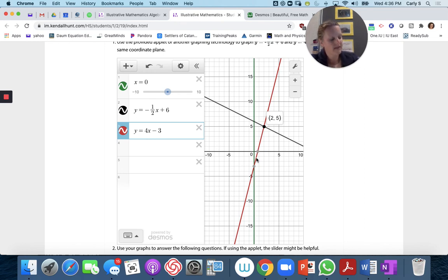Use your graphs to answer the following questions. Find the values of these 2 equations when x equals 1. Well, right here I've got x equals, and I can drag this until x equals 1. So for the first equation, when x equals 1, y equals 5.5. And for the red equation, when x equals 1, y equals 1.